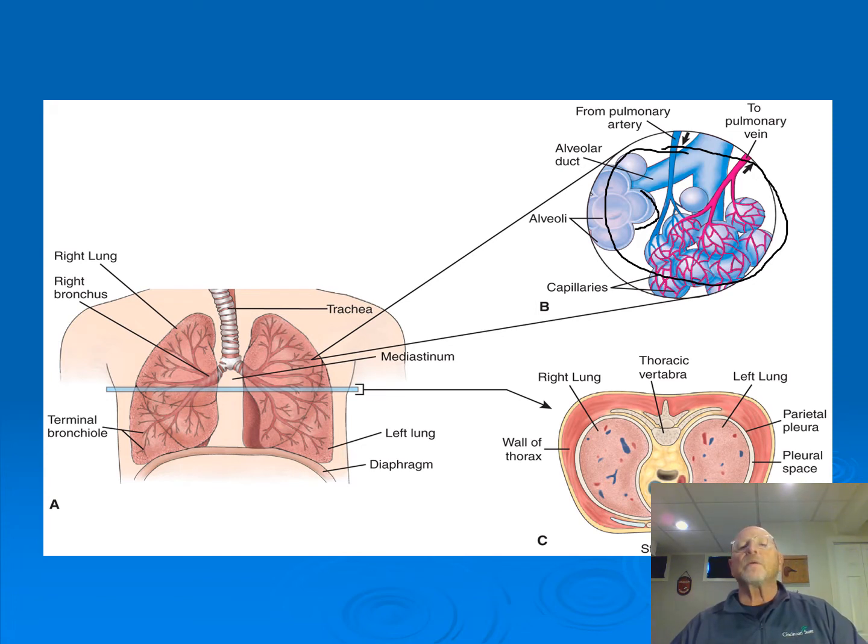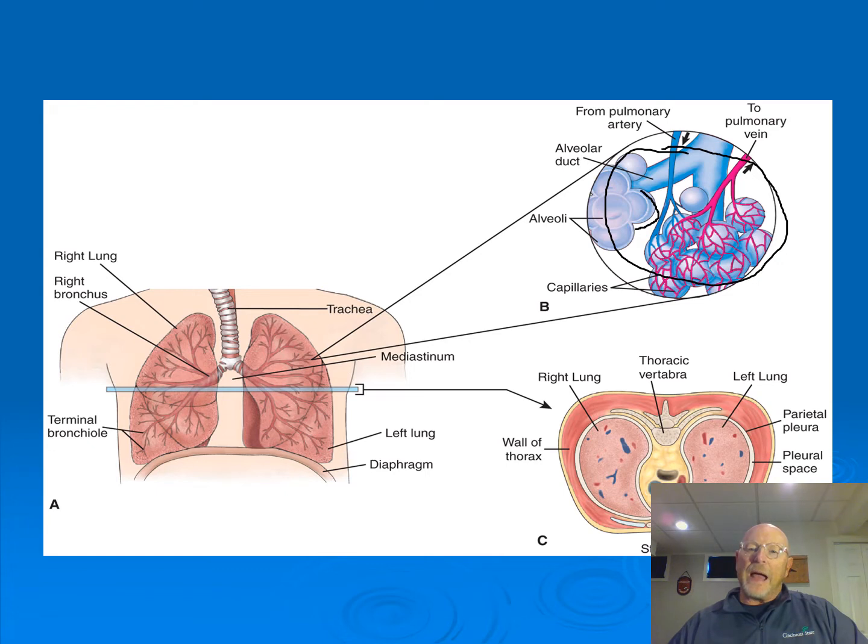That semi-permeable membrane allows for diffusion of CO2 from the vasculature into the alveoli and oxygen from inside the alveoli to actually, by diffusion across the semi-permeable membrane, get into the vasculature and then to the cells and tissues of the body.